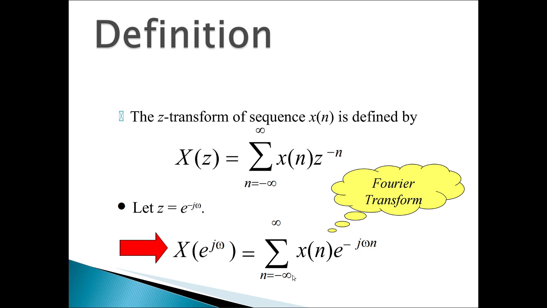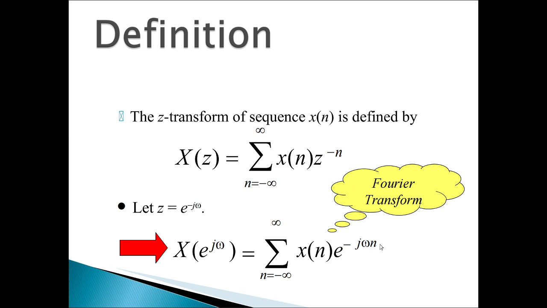But here it is the discrete time signal, so we change the notation: instead of integration we use summation, that is n equals minus infinity to plus infinity. We have replaced the continuous time signal with the discrete time signal, and e to the power of minus j omega n, where n is the independent variable. If it is a continuous time signal, we have to replace this by t.